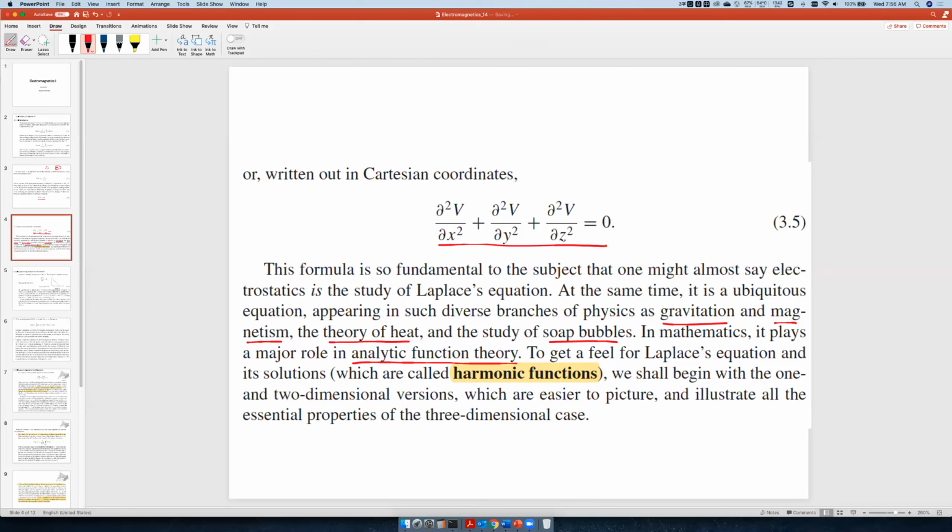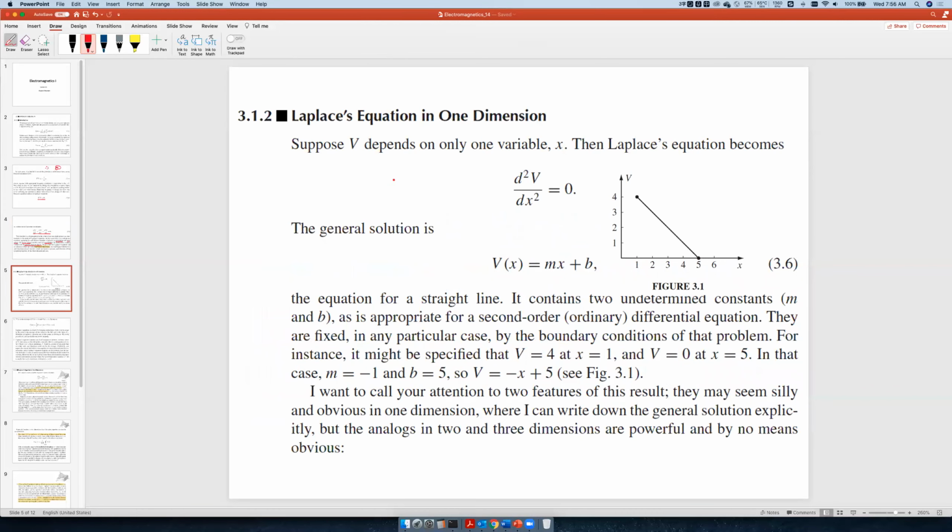To get a feel for Laplace equation and its solutions, which are also called harmonic functions, we shall begin with 1 and 2 dimensional equations and then continue to learn the 3-dimensional cases. So in this class, we're going to introduce some features of this Laplace equation from 1-dimensional to 3-dimensional equations.